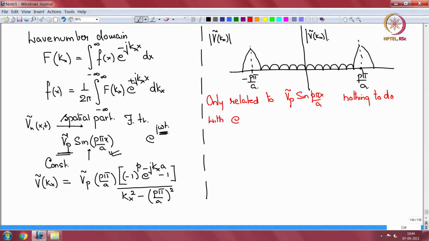It has nothing to do with omega. The moment you have this shape in the spatial domain and you put it through a Fourier transform, this is what you will get.